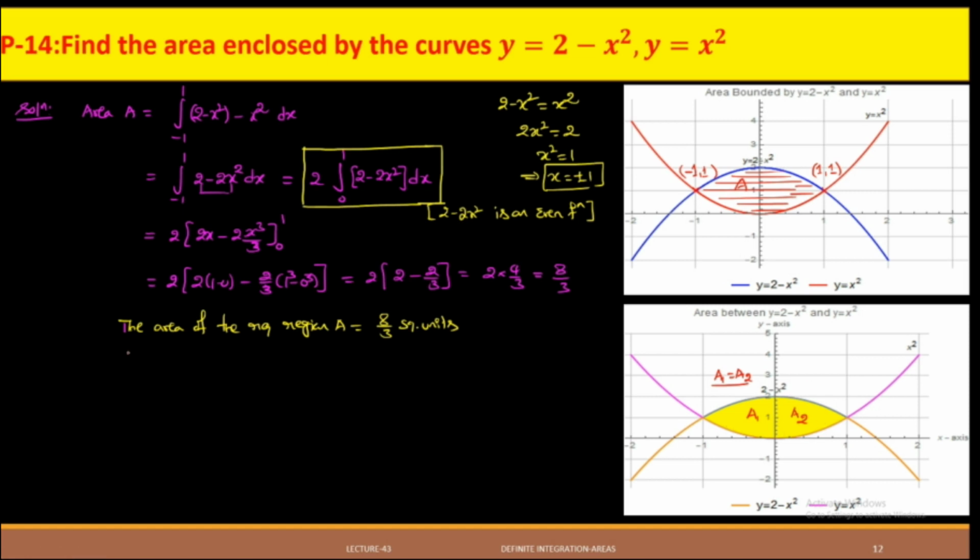So let me compute a2. a2 is equal to integral 0 to 1, the upper curve is 2 minus x square, and the lower curve is x square, dx. So that is equal to integral 0 to 1, 2 minus 2x square. Of course we have found this integral, so this is equal to 4 by 3.